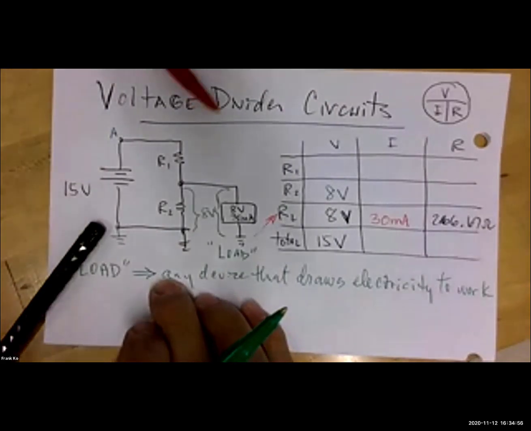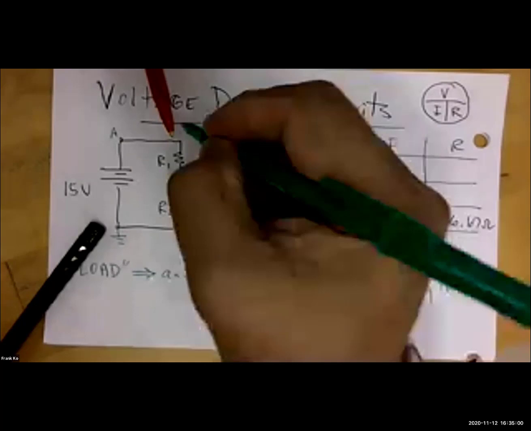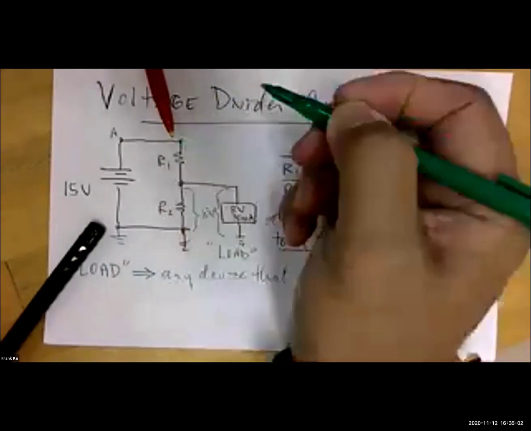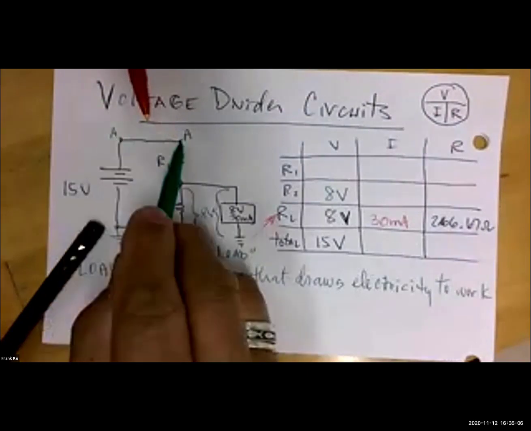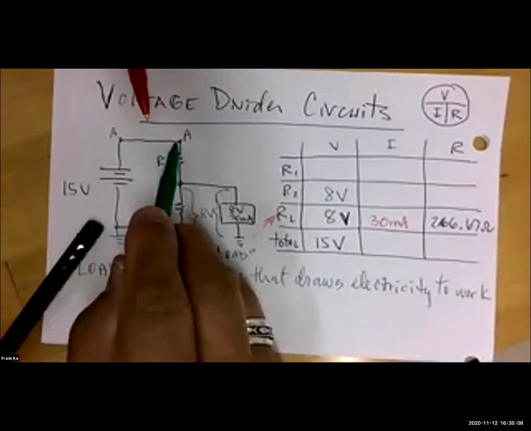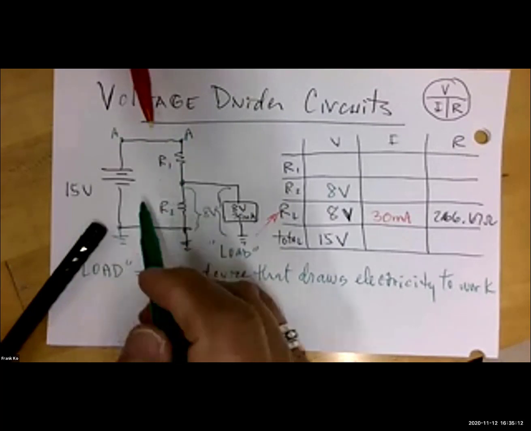Well, suppose I move my red probe over here to the top of R1. Isn't the top of R1 also point A? There's no resistor between them, it's just a piece of wire. So this is point A, this is also point A.